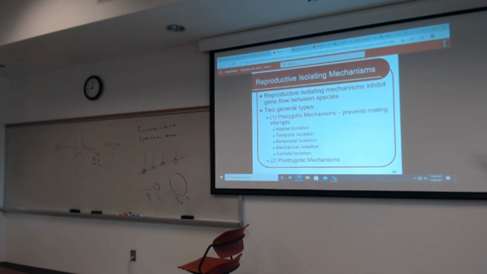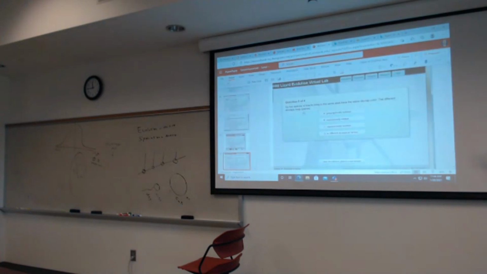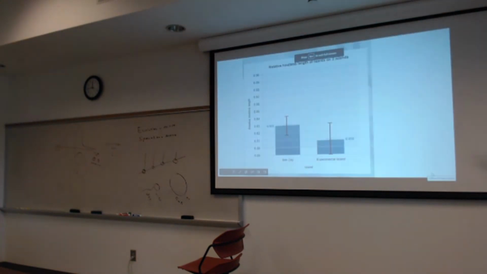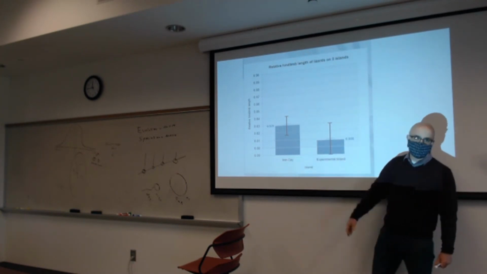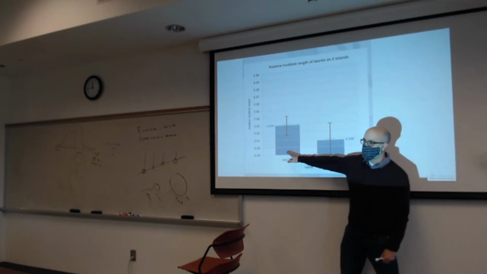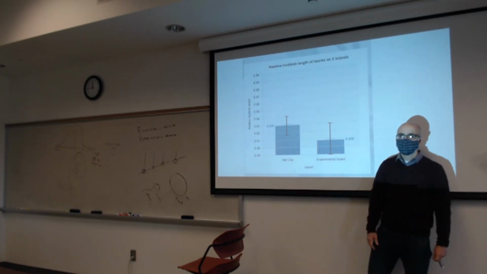Okay? If your legs get a little longer, right? If we go back to this and we look at this kind of change, this is the same species. We move them out there and their legs get shorter. Is it likely that that's going to make them a different species?